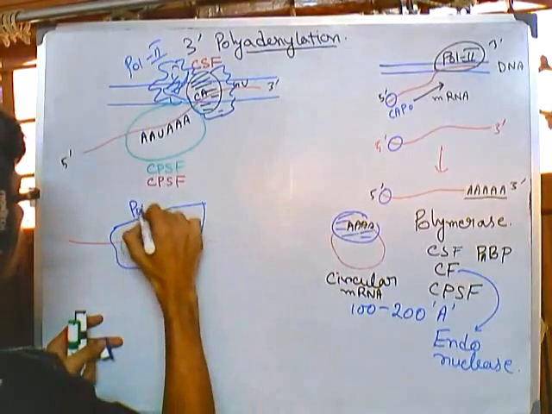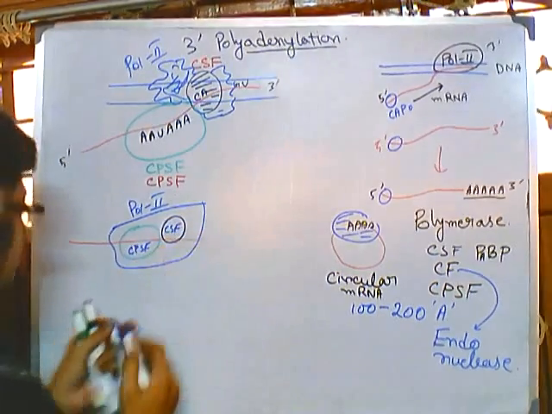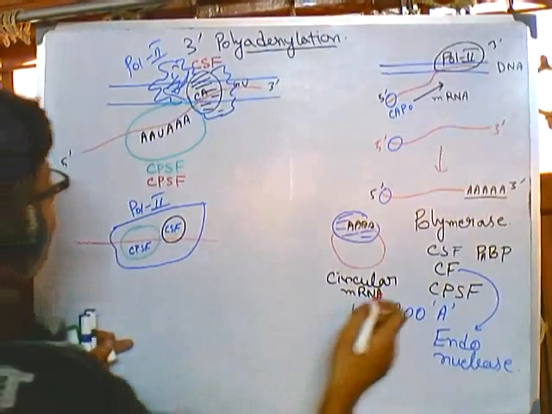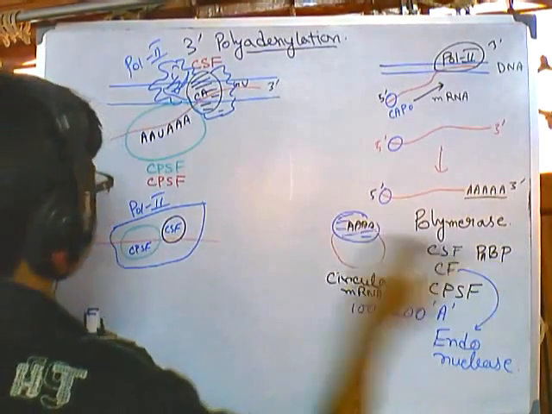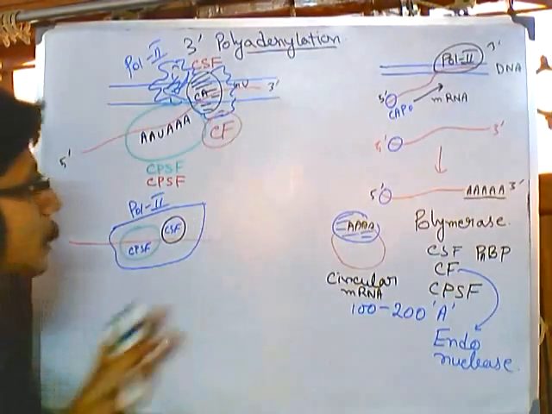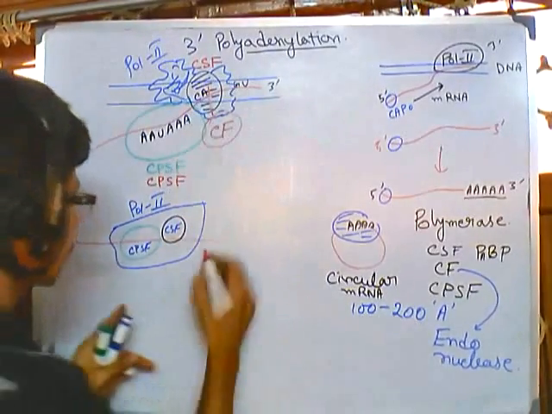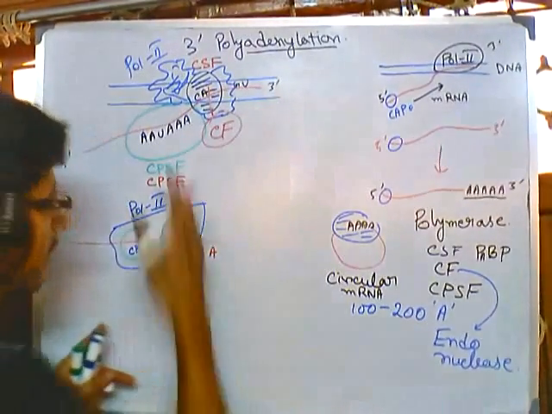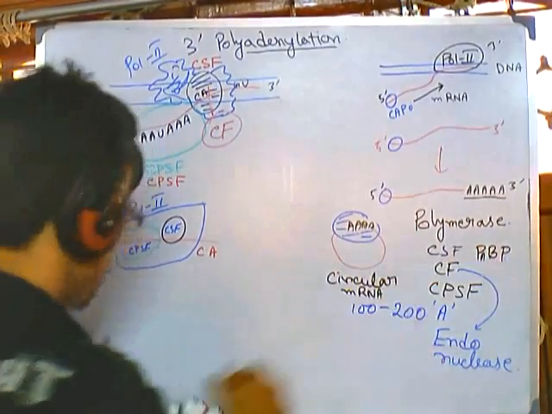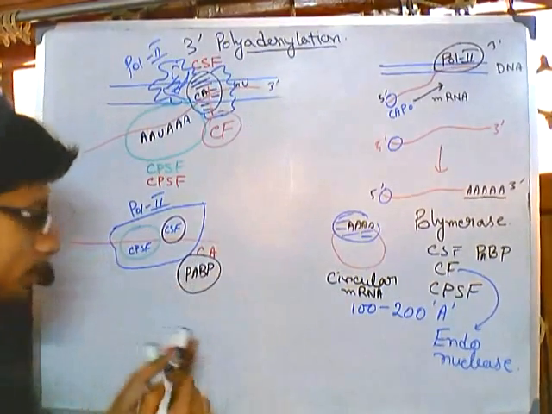This is a polymerase, CPSF, and this is CSF, and then this is also attached with this CF, which cleaves it. So CF, the cleavage factor, cleaves it just after the CA sequence. So at the end we have the CA sequence, it is cleaved by CF, CF will be released, and in turn PABP will be recruited. So another protein, PABP, is recruited.